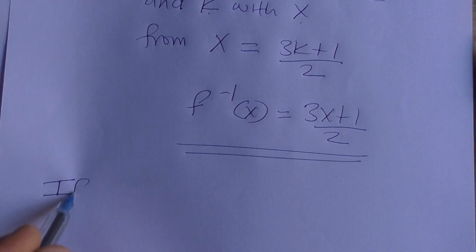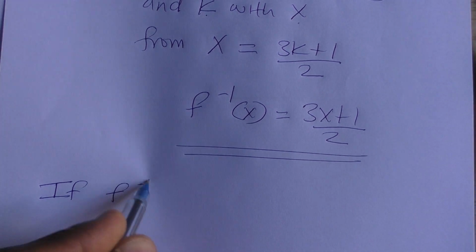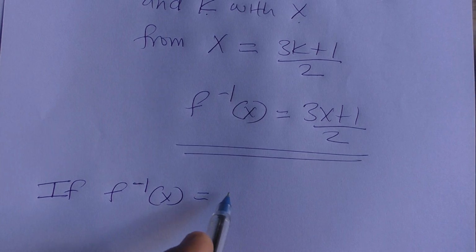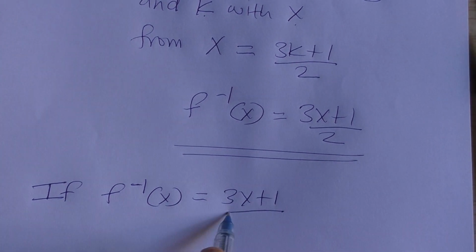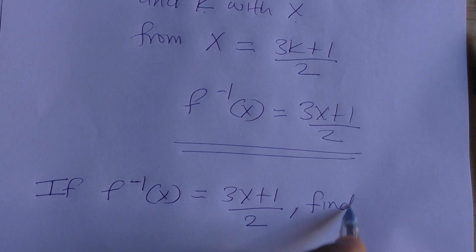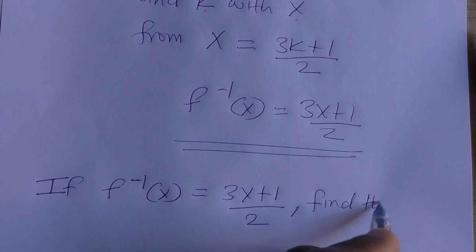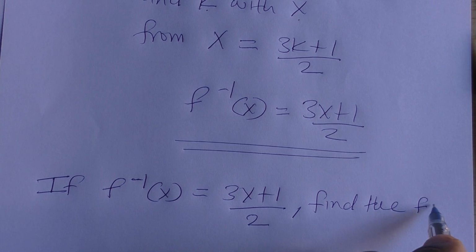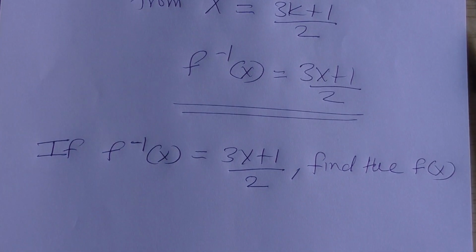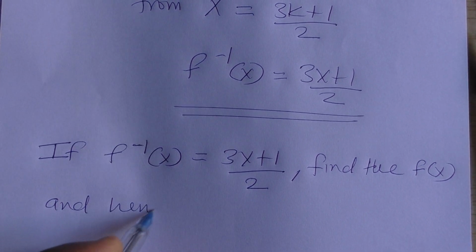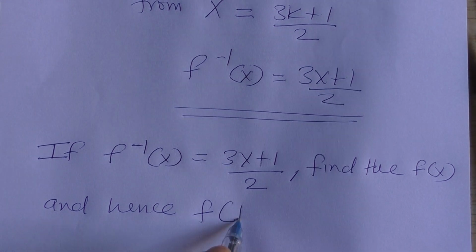It will be: if f inverse of x equals to 3x plus 1 over 2, find the f of x and hence f of 1.